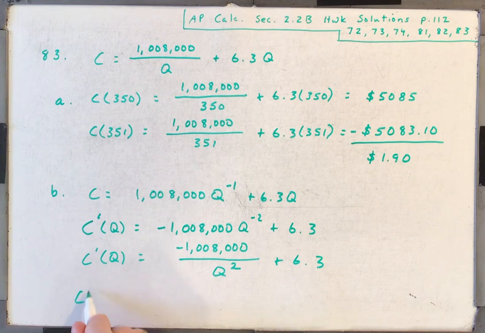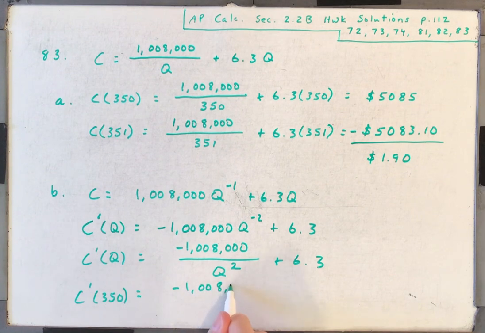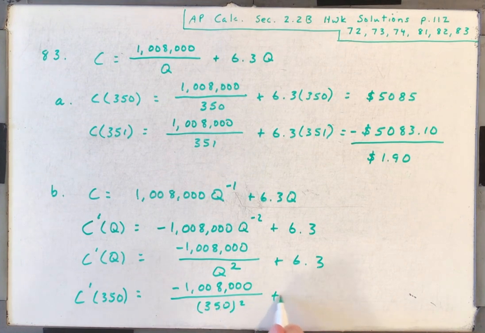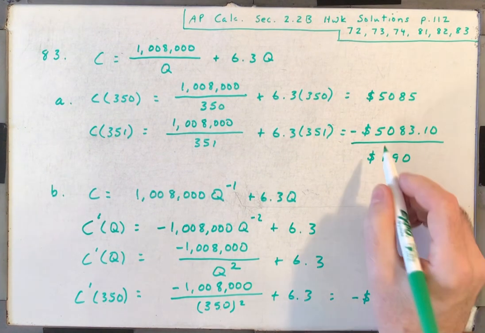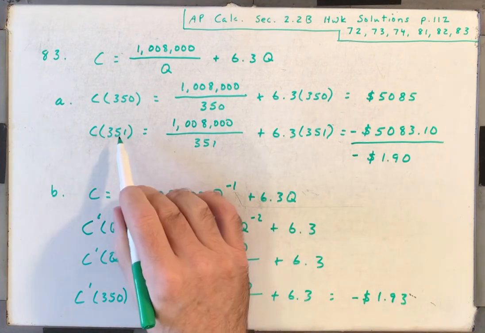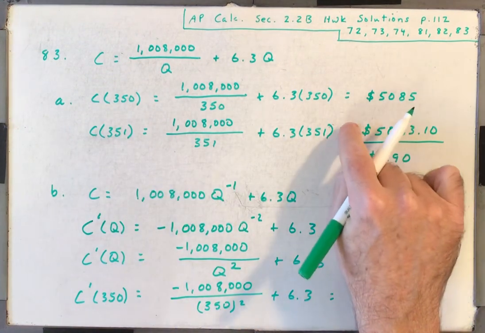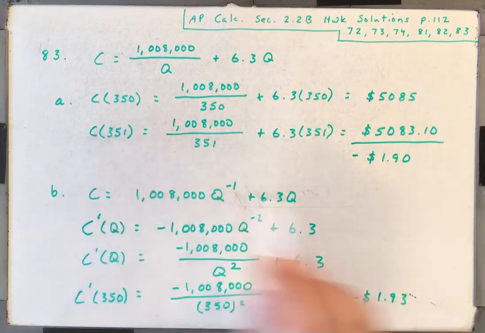So let's plug in a 350 there. That's negative 1,008,000 over 350 squared plus 6.3. All right, if your calculator doesn't fail you, that is negative $1.93. This is actually going to be negative, so you would do 351 minus 350 there.